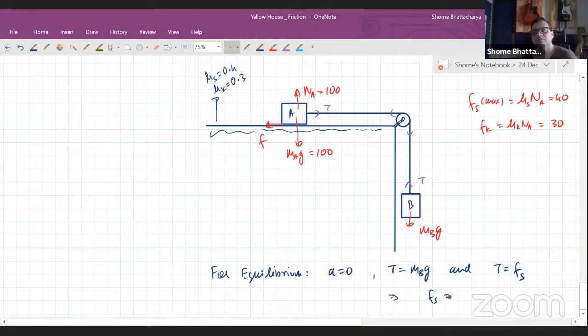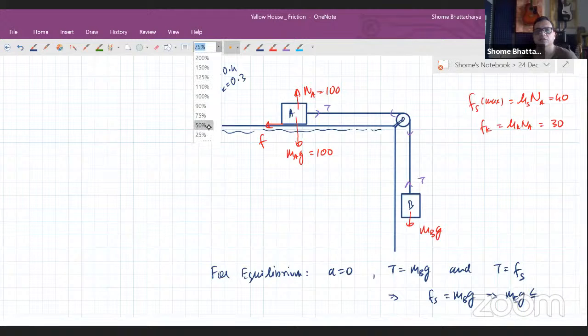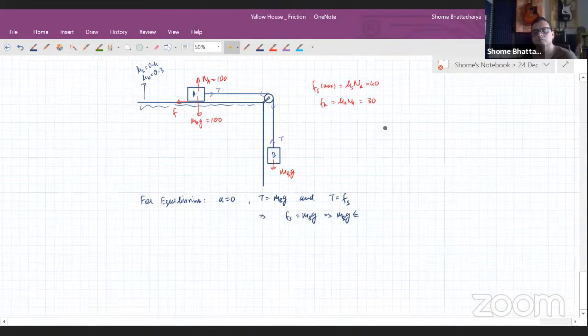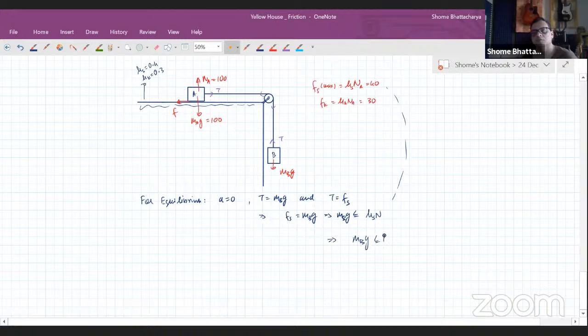So that means static friction should be equal to the weight of B. So that means the weight of B cannot exceed this limiting value. So for equilibrium, okay, that means mass of B should be less than or equal to 4 kg.